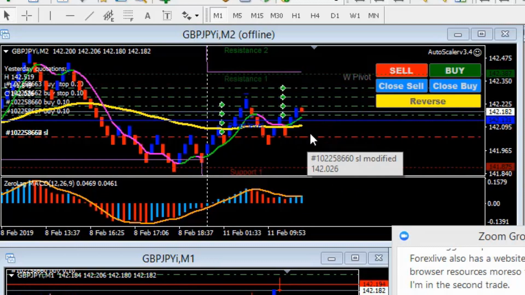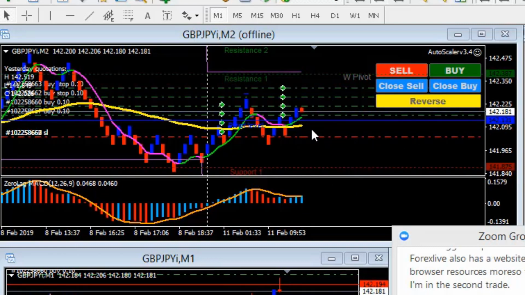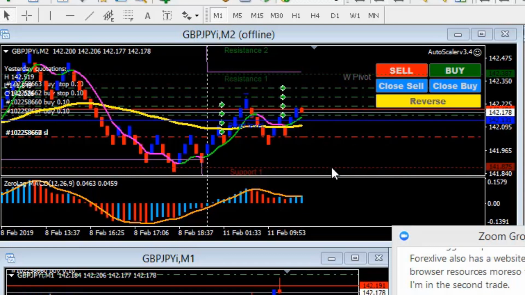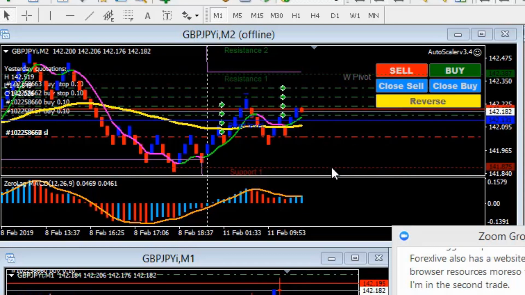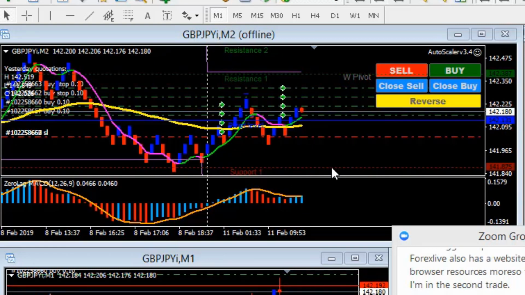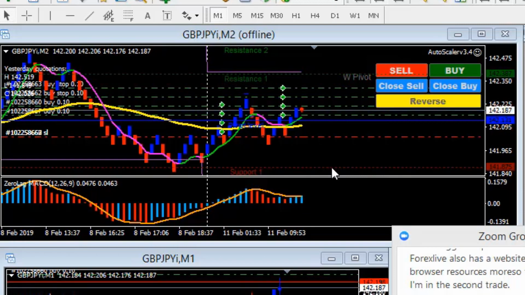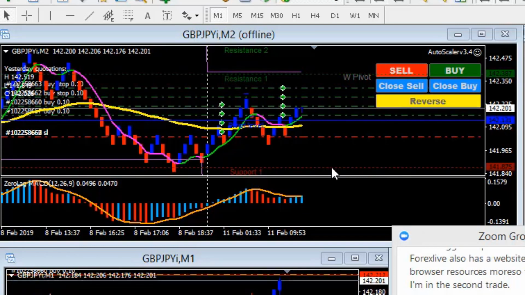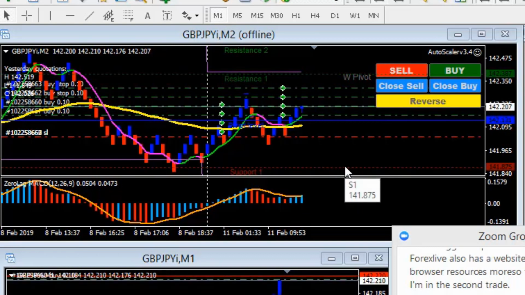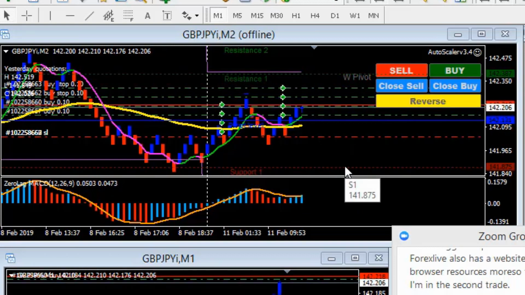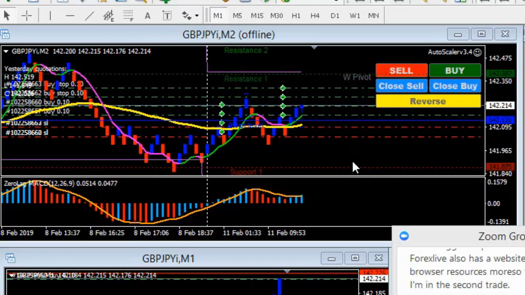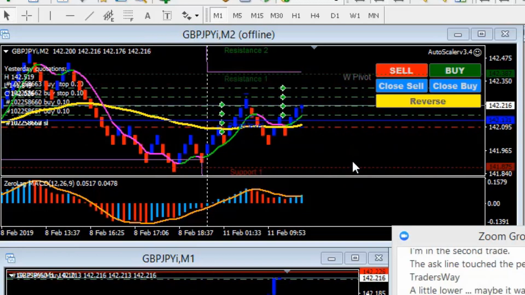That'll trigger the step to get a little bit closer. And it just moved.